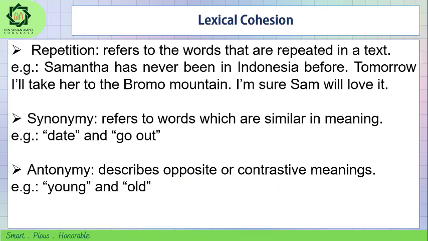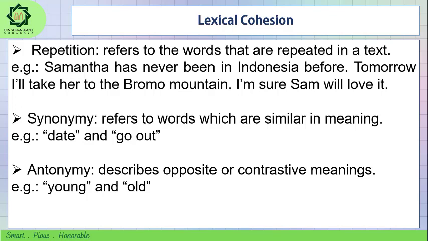So let's just do a short review about this lexical cohesion. The first one is repetition. Repetition refers to the words that are repeated in a text. However, the words that are repeated are not necessarily the same. For example, Samantha has never been in Indonesia before. Tomorrow I'll take her to the Bromo Mountain.